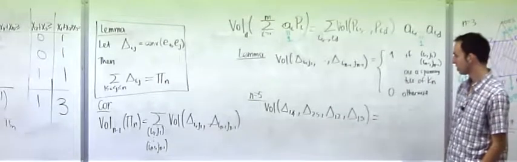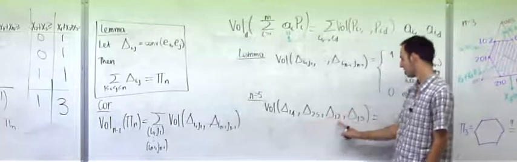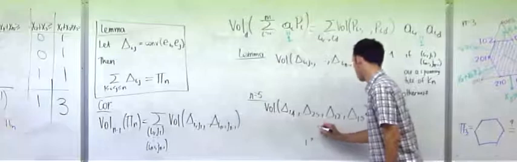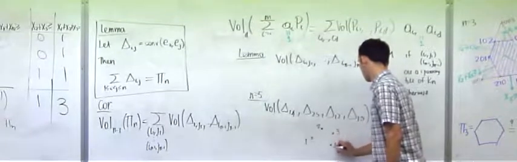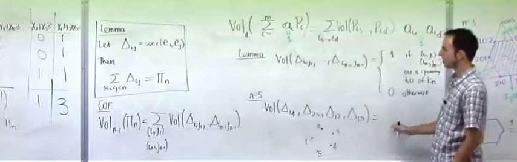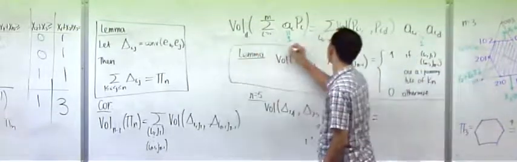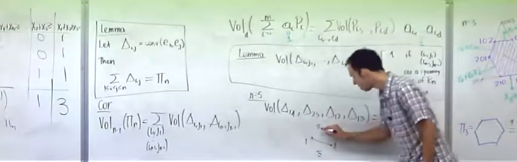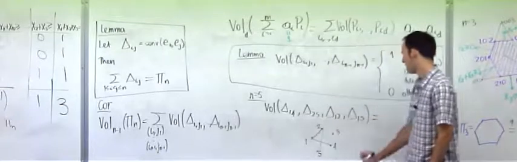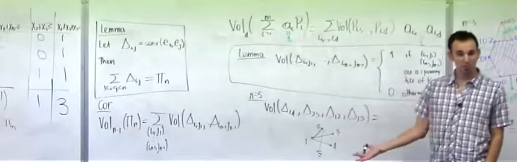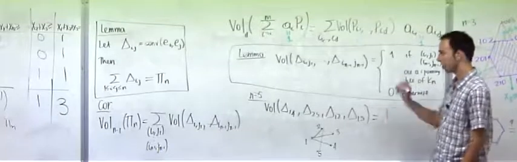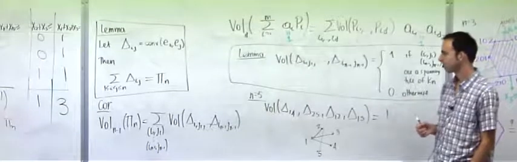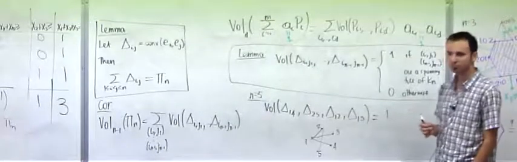And what I have to do is, well, if I write them like this, then maybe they look like edges of a graph. So what the lemma says is that you're supposed to just draw that graph. So you connect 1 and 4, you connect 2 and 5, you connect 1 and 2, you connect 1 and 3. And that happens to be a spanning tree, therefore this is 1. And if it hadn't been a spanning tree, you would get 0. So that's pretty cool, I think.